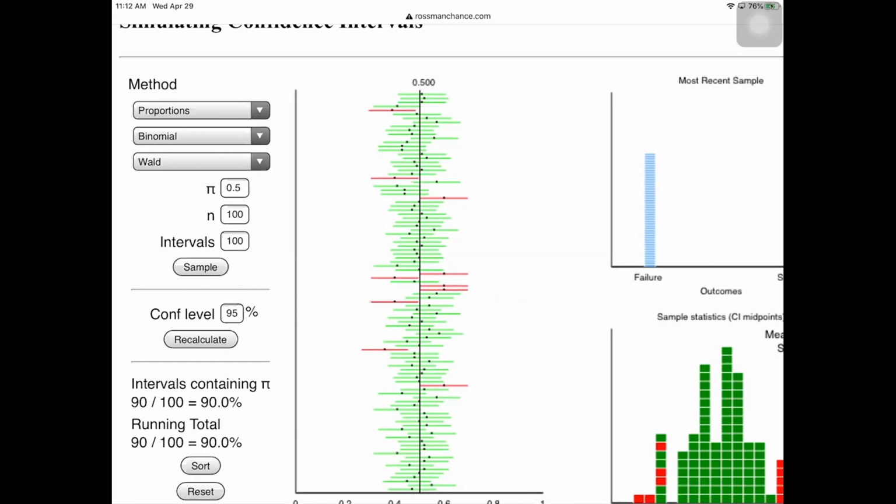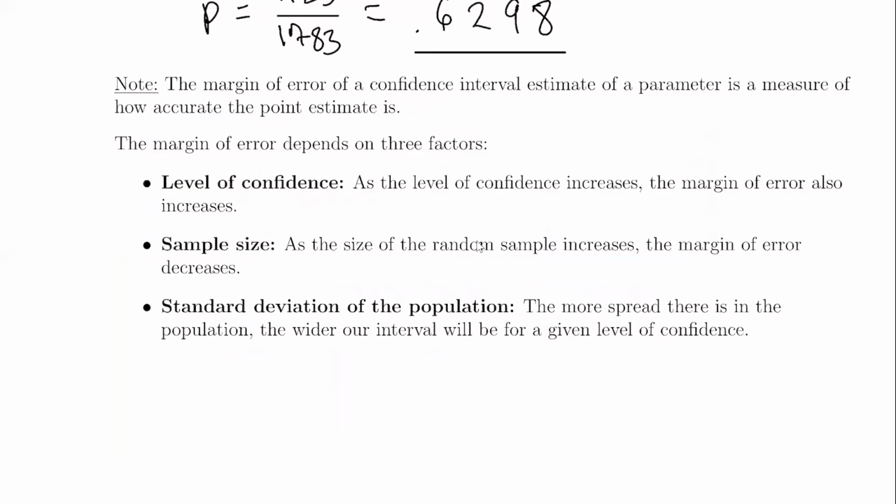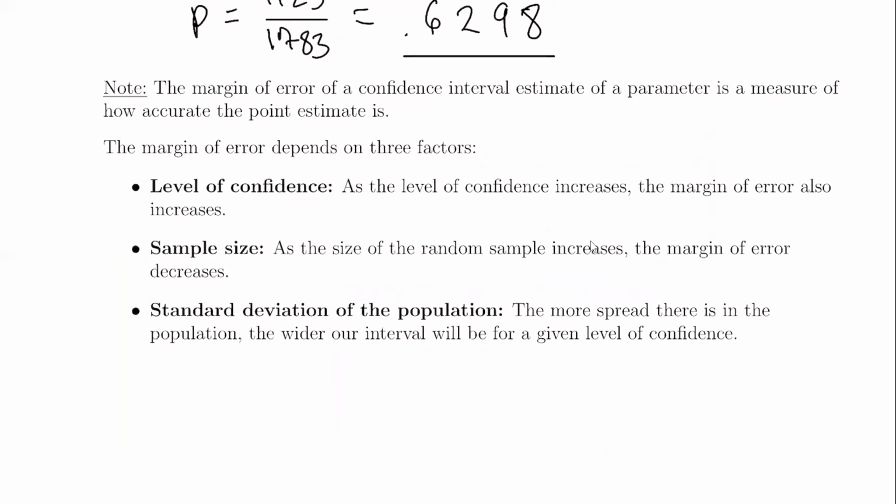All right, so I'm gonna transfer over to notes, and you're gonna jot down some of the things that we did. Let's say what happened to the confidence interval with the level of confidence. I'll put LC for level of confidence.